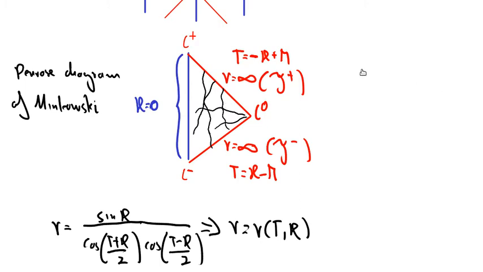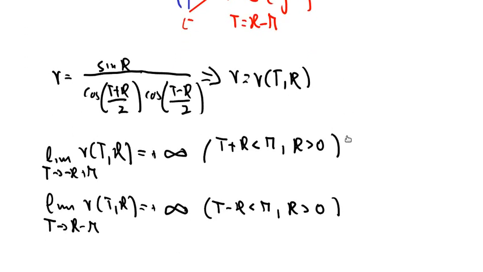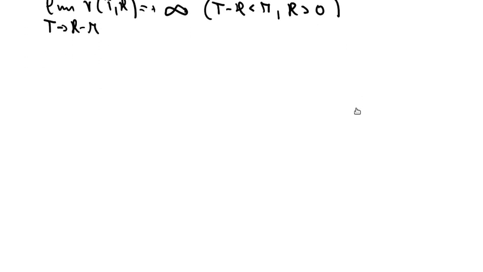Okay, right. And what is going to be our next example? Our next example is going to be the Schwarzschild solution. So we are going to see how one can use this to construct the Penrose diagram of the Schwarzschild solution.